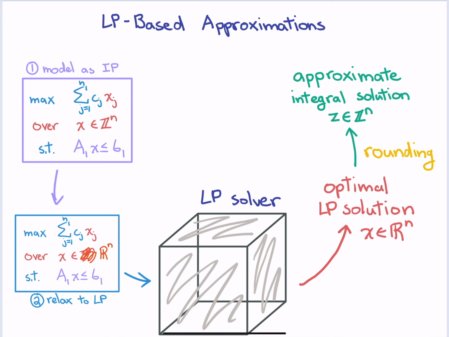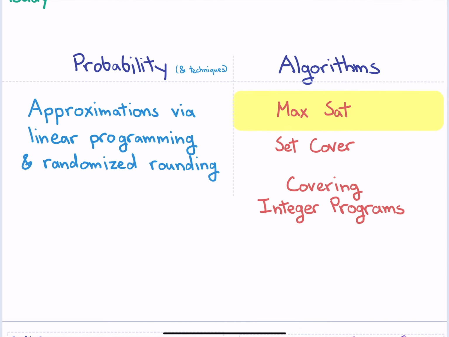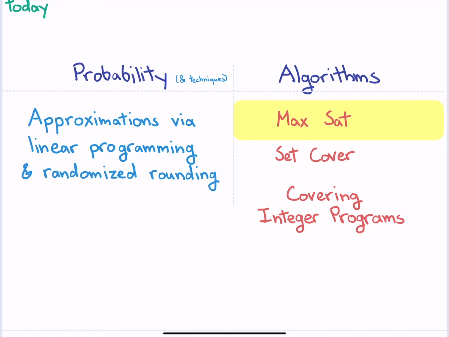So all of our thinking today will occur in that last step: how do I take a fractional solution and make it into a good integer solution? Now we'll go through some examples and see this recipe in action.